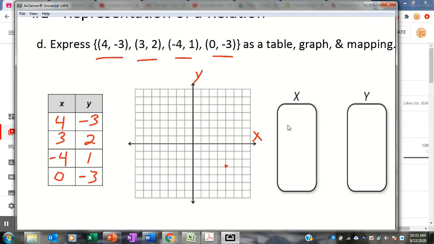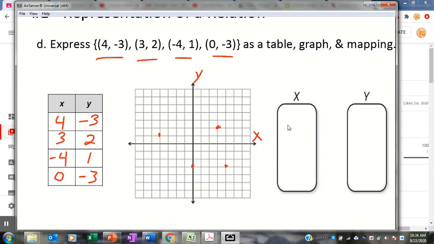The next one, we go right 3, up 2, which puts us right here. The next ordered pair is left 4, up 1, which is right there. And then the last one, we do not go left or right, we go down 3, which is right there. So there's our 4 dots.